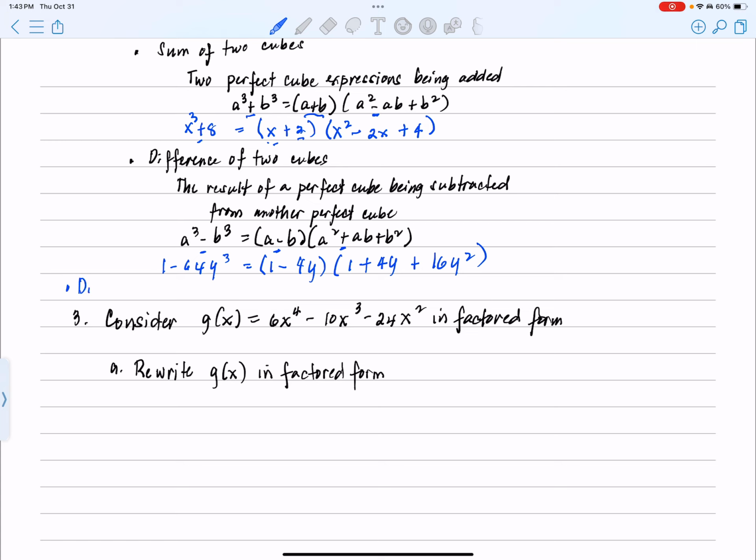So difference of two squares, the result of a perfect square being subtracted from another perfect square.